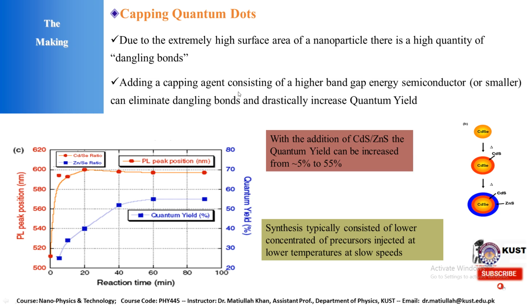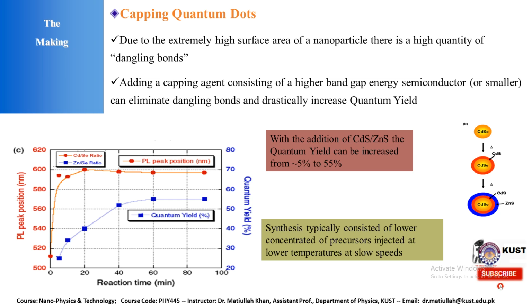So here we have a PL spectra and the quantum yield, and on the horizontal axis we have the reaction time. So how can we improve the quantum yield between the pure semiconductor and the one which is doped or covered with another semiconductor material?